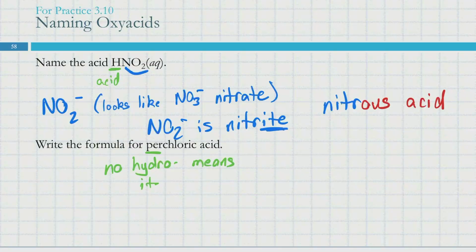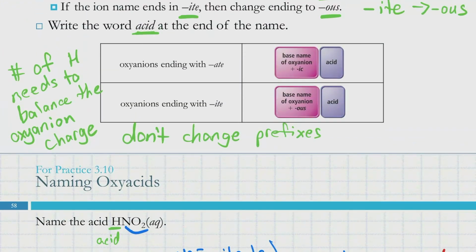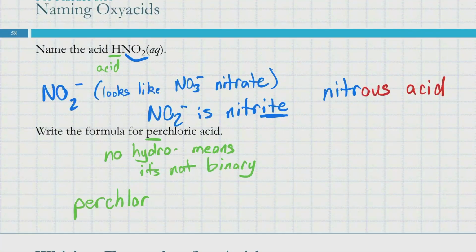No hydro means it's not binary. So our other category that we know so far is oxyacids. So it must be an oxyacid. We would look for something that has perchlor in it. So perchlor, if the ending is -ic, what does -ic come from? -ic comes from -ate. So this would be perchlorate.